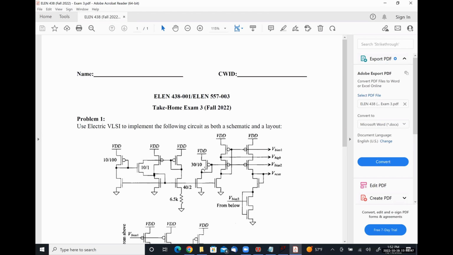We are going to make it 5 times as long to give us a little bit more wiggle room so that we won't be biased at exactly the edge of saturation, so that when we use it to bias amplifiers and there are slight modulations, we won't push it out of the saturation region.